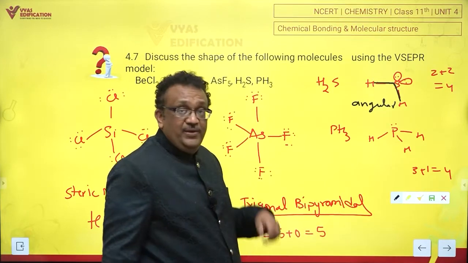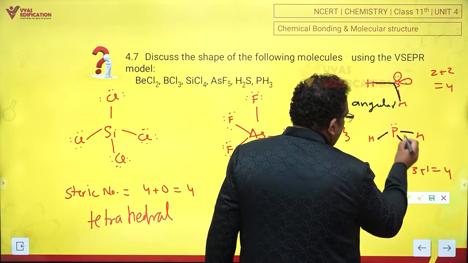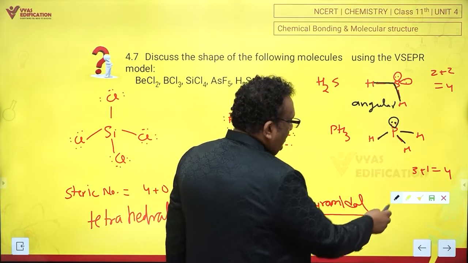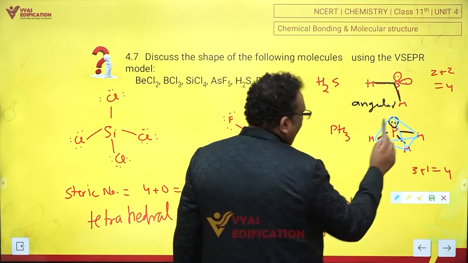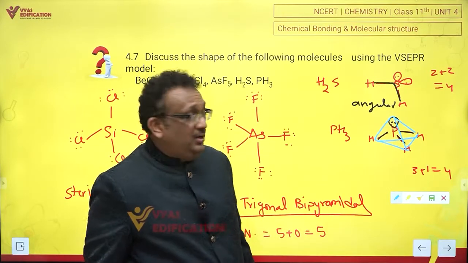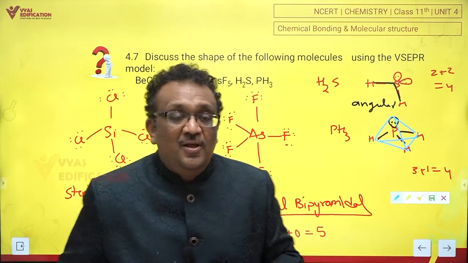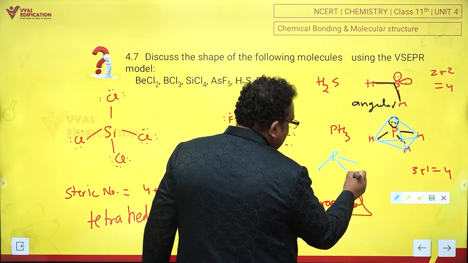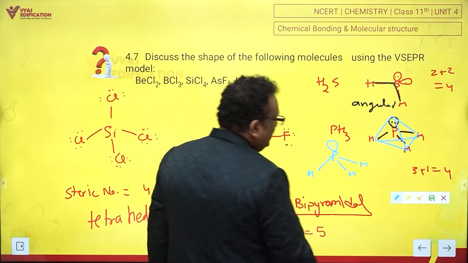What about phosphine? Phosphine also is very interesting. See, you have 3 bonded pairs and 1 lone pair. If you observe, these are roughly at the corners of a tetrahedron, but since lone pair cannot be seen, all you can see is phosphorus with H, H, H. This is all what is actually observable or is visible.